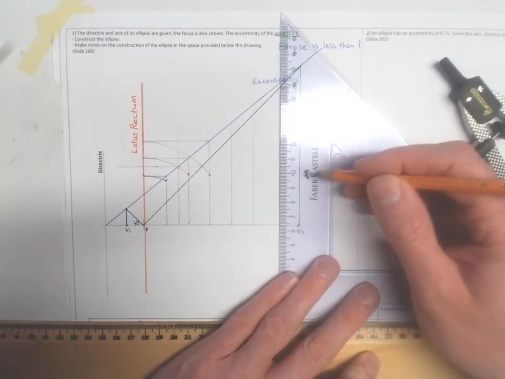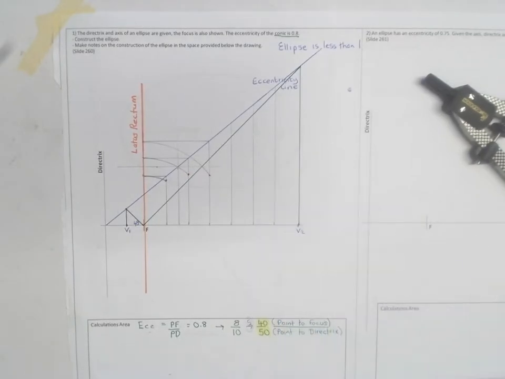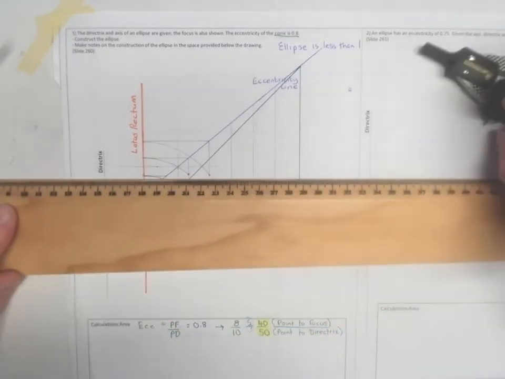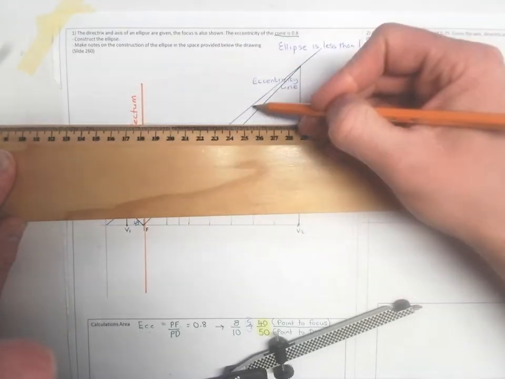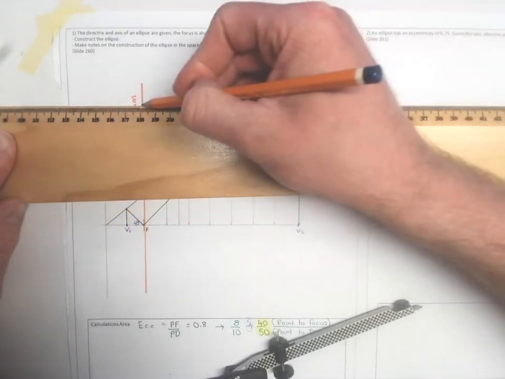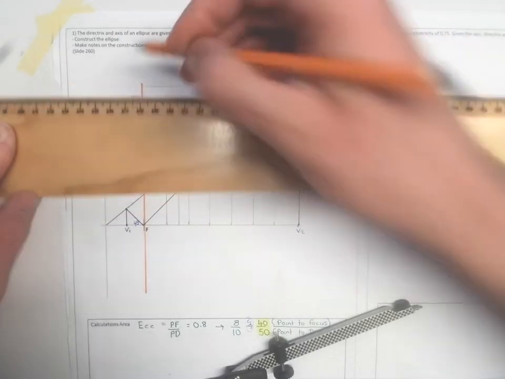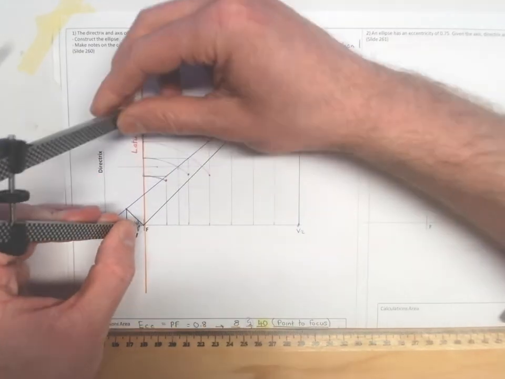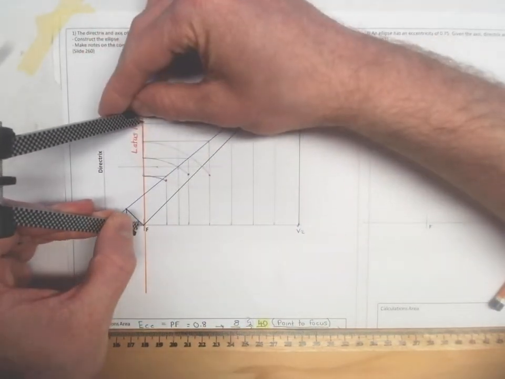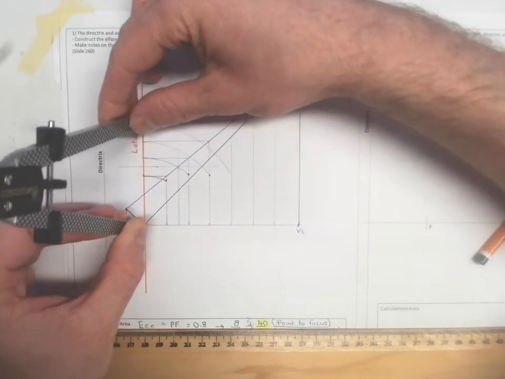Up to hit the ECC, back to your latus rectum, and then you rotate those down.